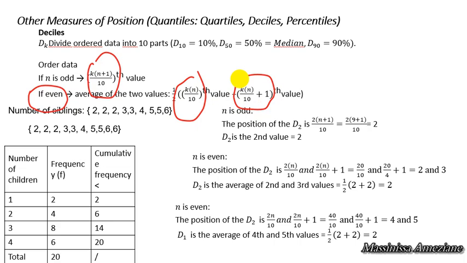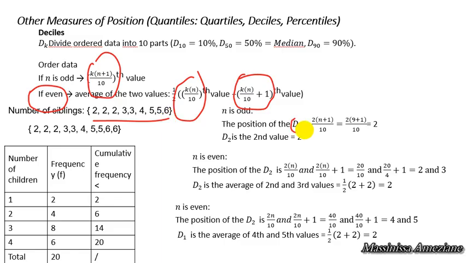We take their average. As an example, if we want to find the second decile, D2, of this first series, where we have 9 observations. Since it's odd, the position is 2 times (n plus 1) divided by 10, because k here is 2.